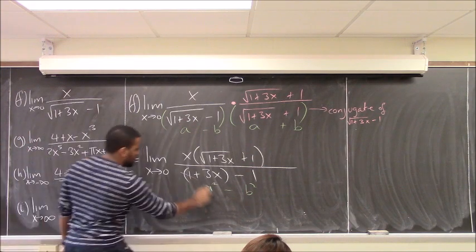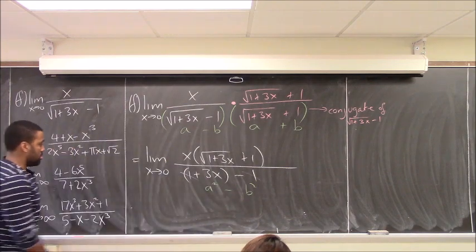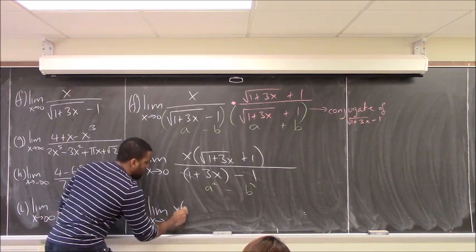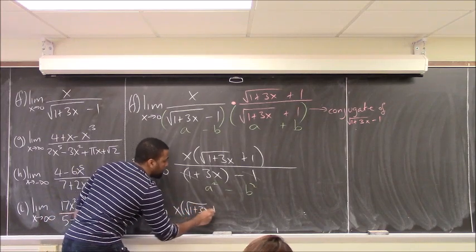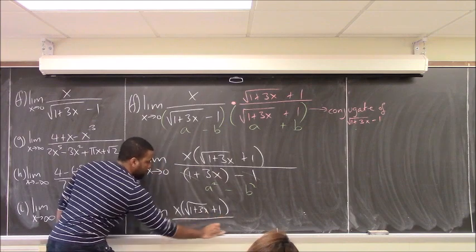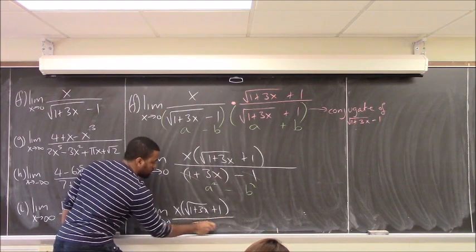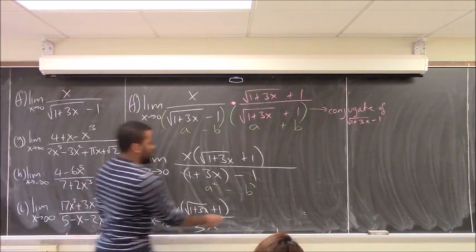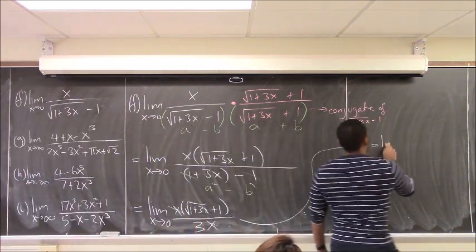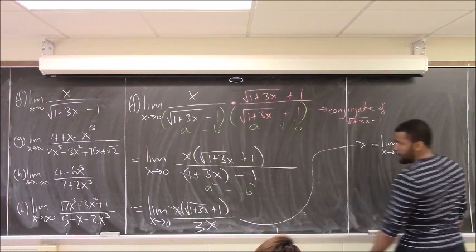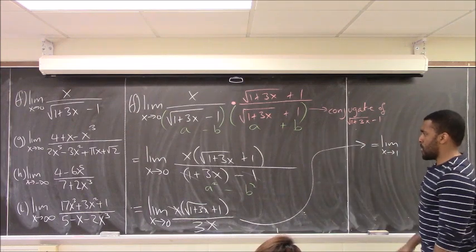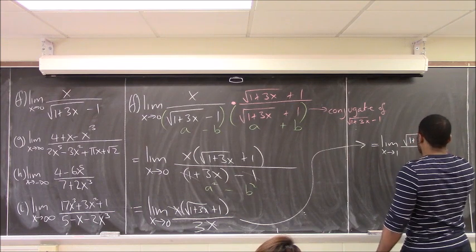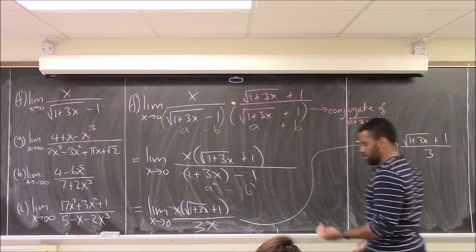Now you notice that the plus and minus 1 guy, x's would cancel. So we're over here. So the radical of 1 plus 3x plus 1 over 3.